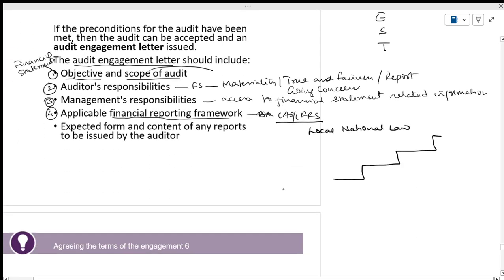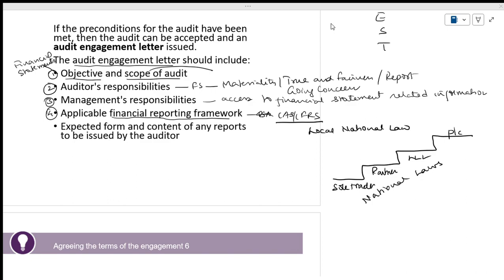I take an example. Whether you are a sole trader, a partnership, an LLC or a public limited company, PLC, first and foremost wherever you register, you have to follow the national laws. Subsequently, at the fag end, you will become a multinational corporation.